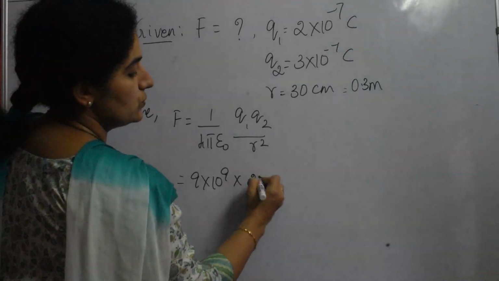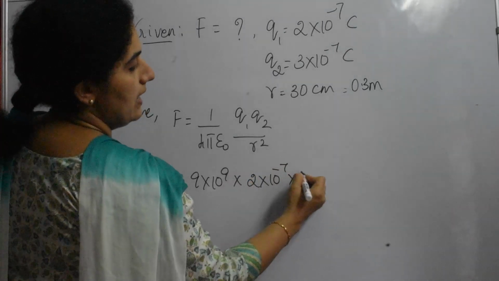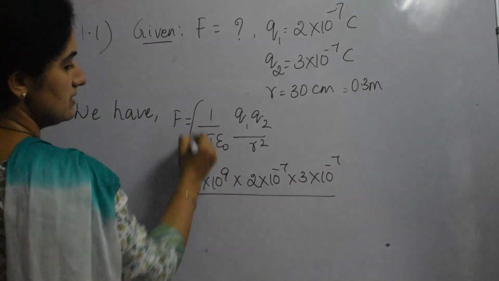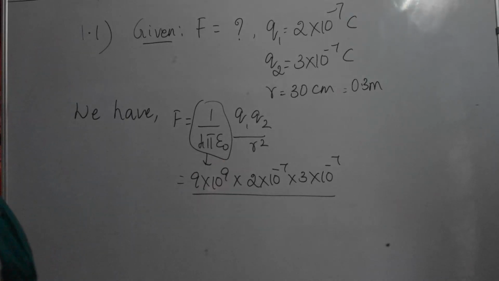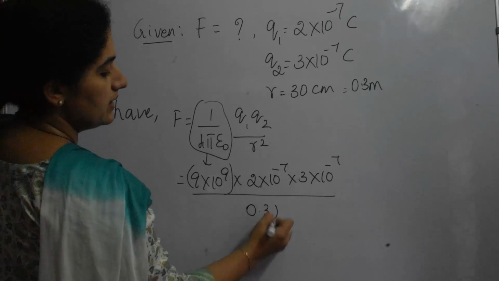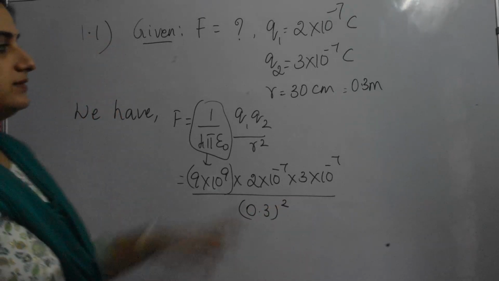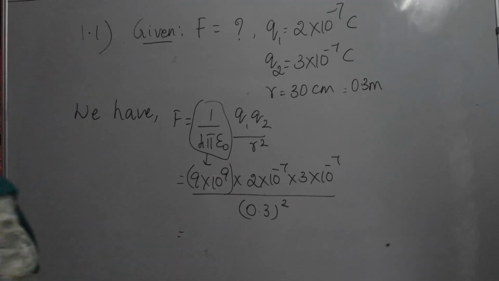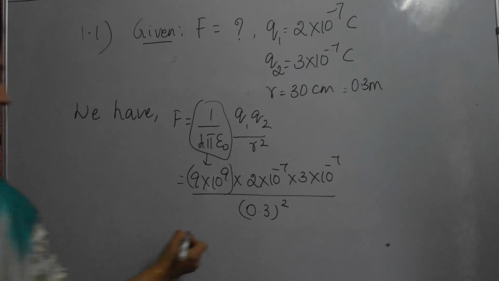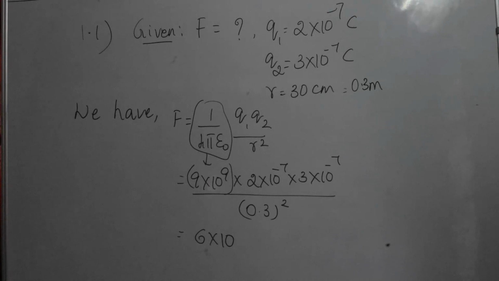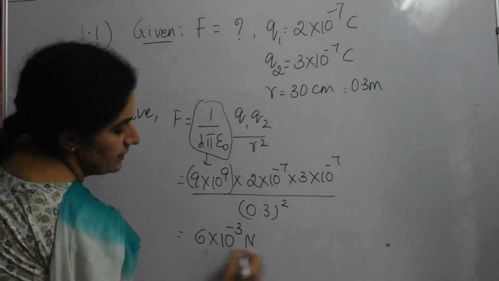Q1 as 2 into 10 to the power minus 7 and 3 into 10 to the power minus 7, divided by 0.3 whole square, or you can write it as 30 into 10 to the power minus 2 whole square. That is also possible. So you have to find out the value, and it comes around 6 into 10 to the power minus 3 Newton.